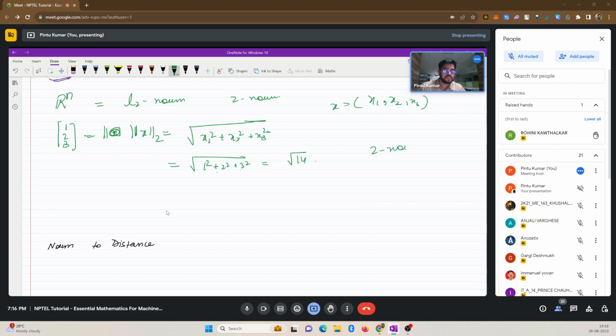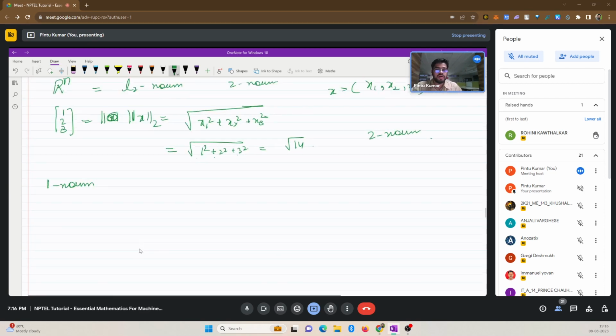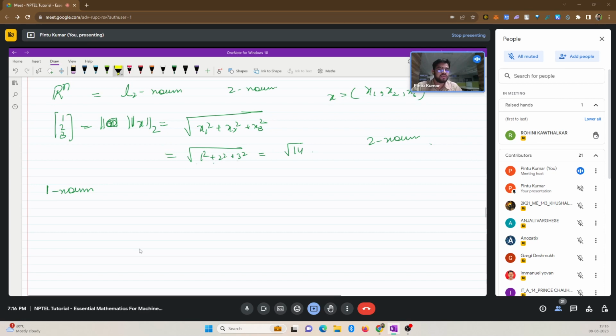So this is called the 2 norm. Now, because we have the 2 norm, we have something also called the 1 norm. What is the 1 norm? We will be talking about the same x for other examples also. So what is the norm of x? This is the 1 norm.